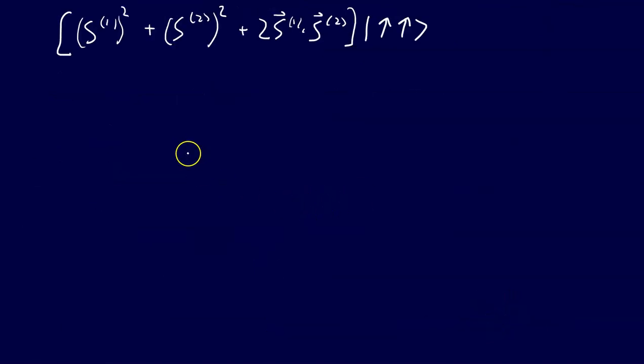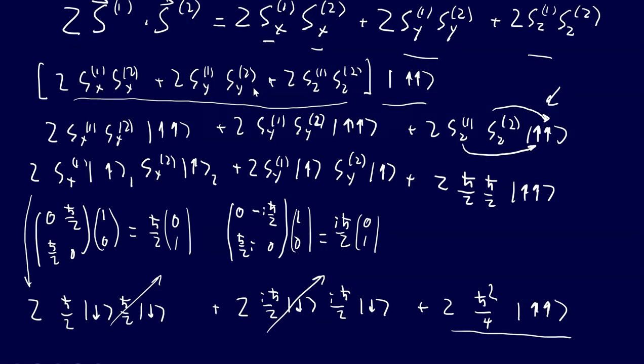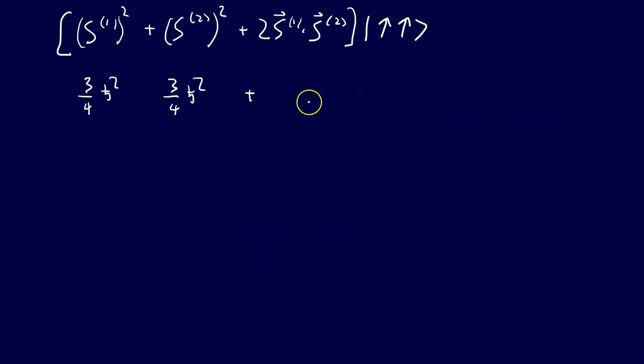So we can come over here and just remember everything that we had. When I applied the S1 operator, I got 3/4 h bar squared. When I applied the S2 operator, I got 3/4 h bar squared. And then this one here, we just got 2 h bar squared over 4. So all of that times the spin up.